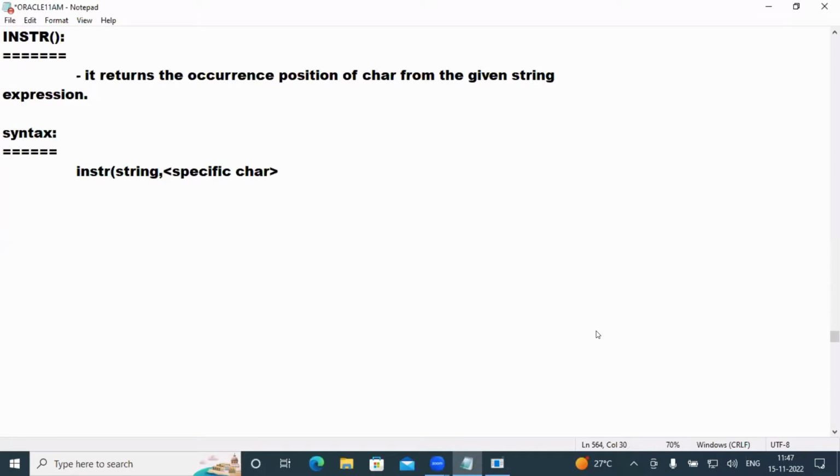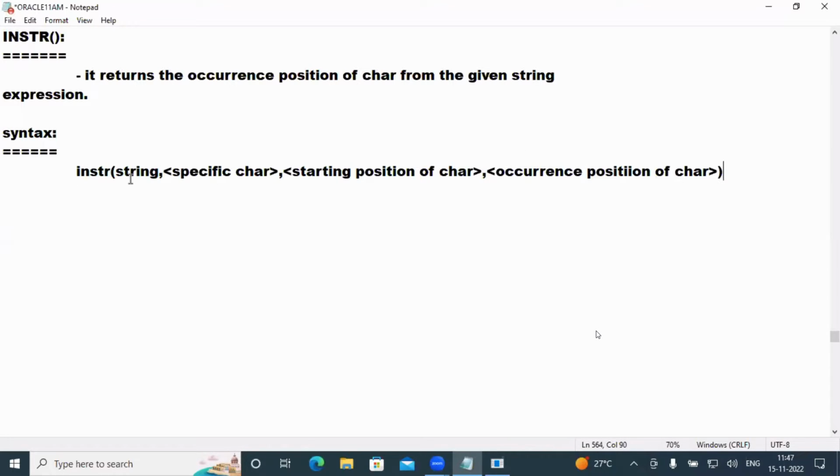Next I have to take the starting position of the character, and after that the occurrence position of the character.